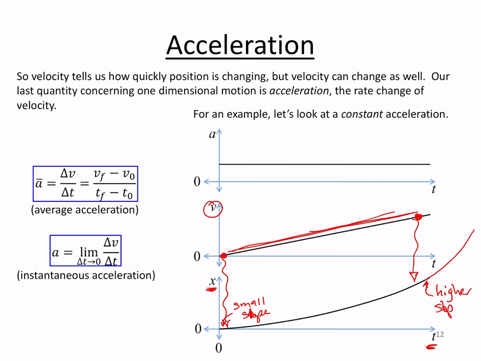Because our velocity is constantly increasing, every second that goes by, we're covering more ground in that second. And so the sort of rise over run, the amount that we go up on the graph for going over, say, 1 second here, we've gained this much position. We go over another second, and we've gained much more position proportionally in that same second.